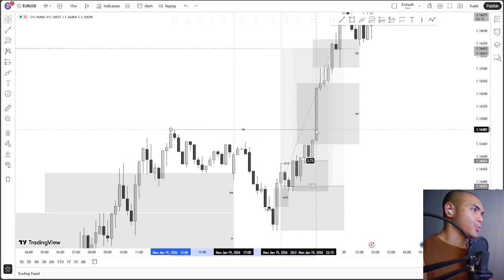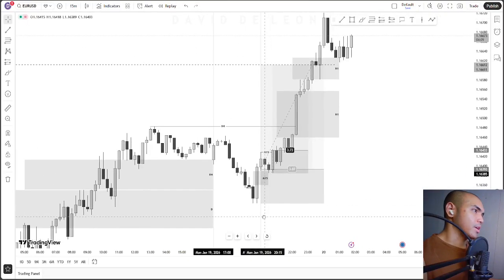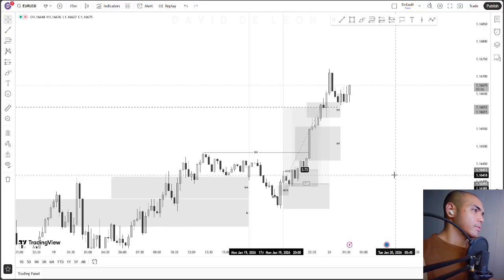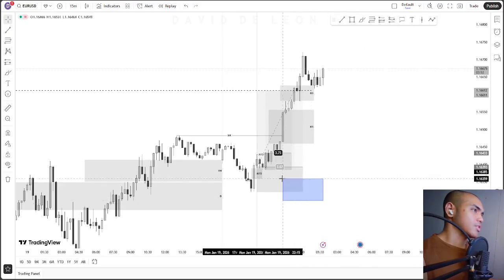This H4 right here is going to be my break even. Yeah, this could have been my entries if this price action right here happened during my trading session. But since it did not, that's just it.